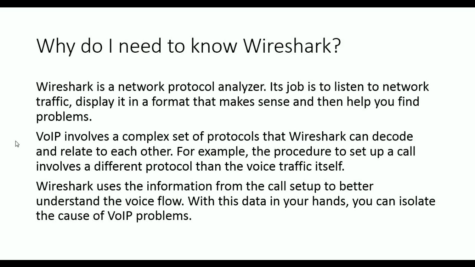Okay, so you could look at the phone and say, well, my phone's faulty. It's not actually the phone that's faulty, it's the network. So to see this, you need to be able to get the information off the network and help you understand where the problem is going to be so that you can address it moving forward.